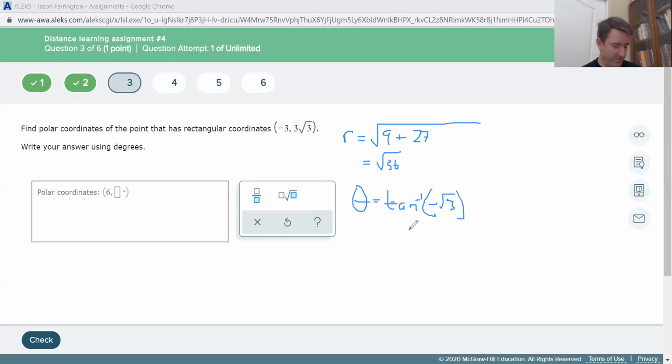And negative square root of 3, if we look on our unit circle, that's going to be at 120 degrees and 300 degrees. But we want the one that is going to be, if we go -3 and up 3 square root of 3, we want it to be in this quadrant 2 here. So that's going to be 120 degrees.